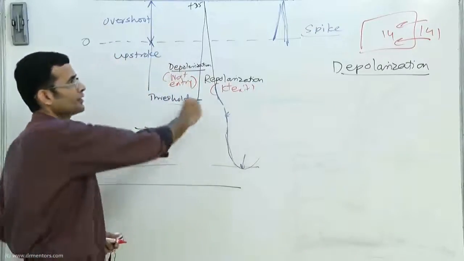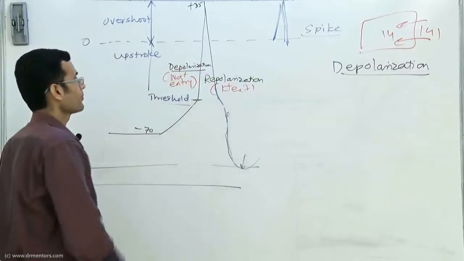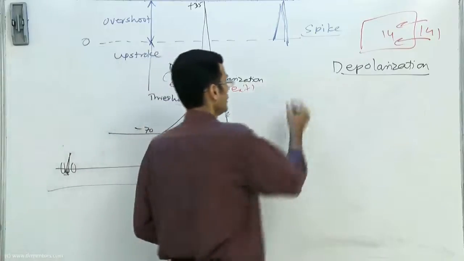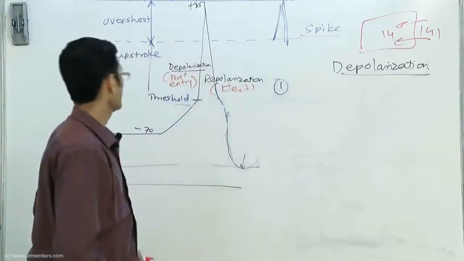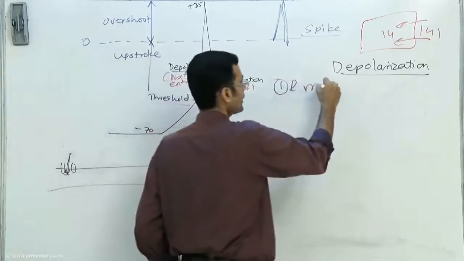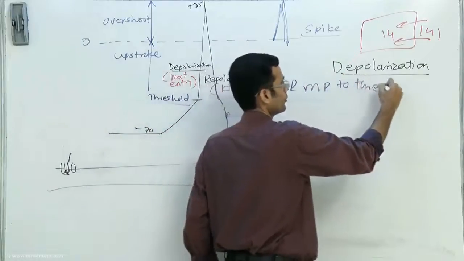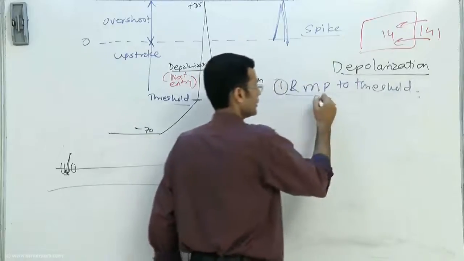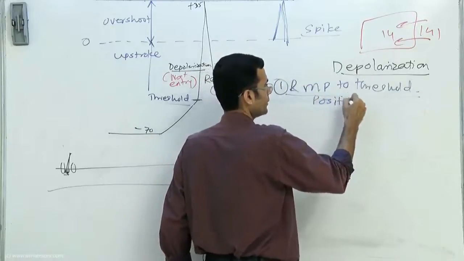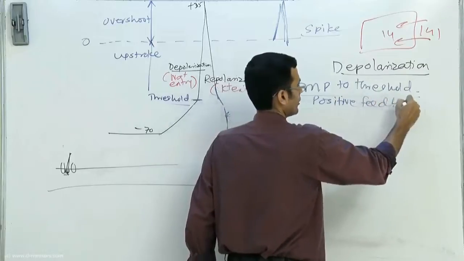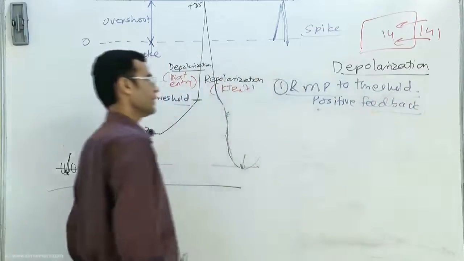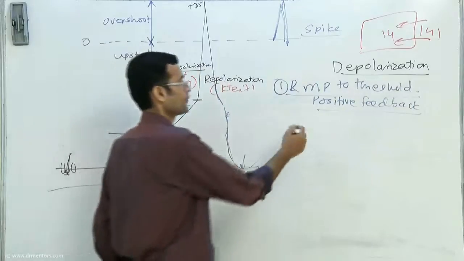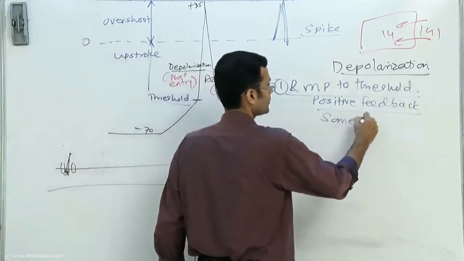Now imagine this to the sodium influx and depolarization. It will happen in two phases. One is what happens from RMP to threshold. It's a positive feedback cycle of sodium channels. You see, you applied the stimulus. Initially, a few sodium channels open.